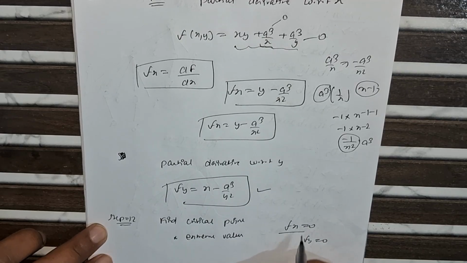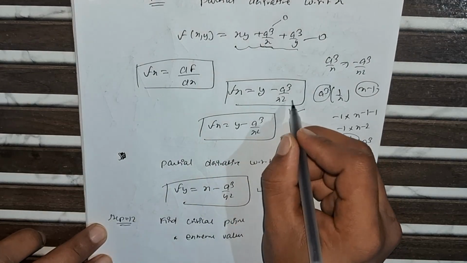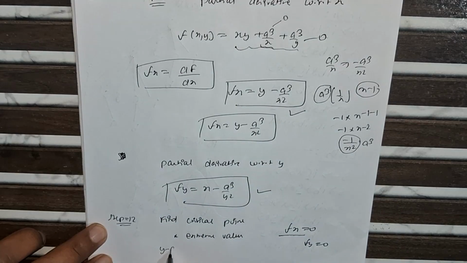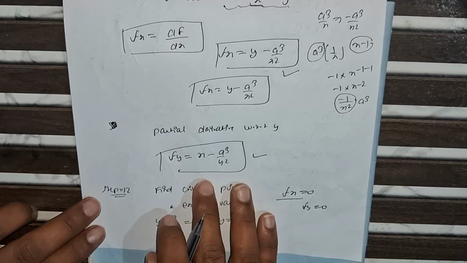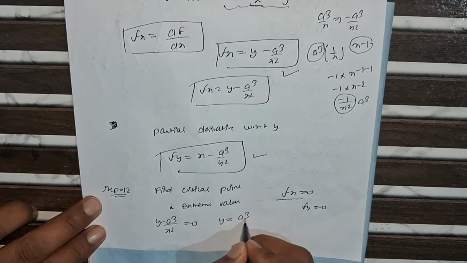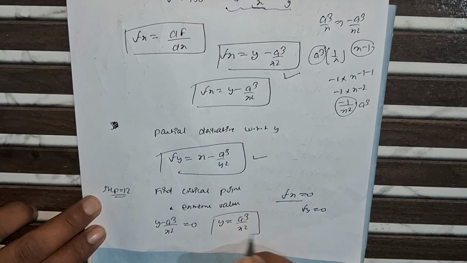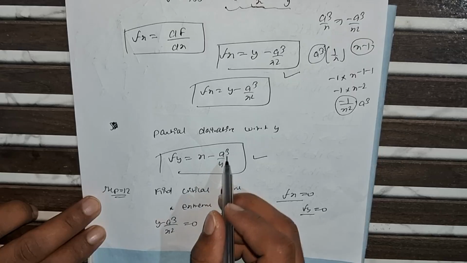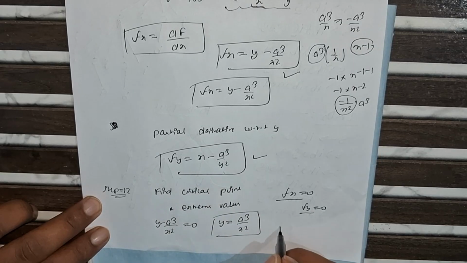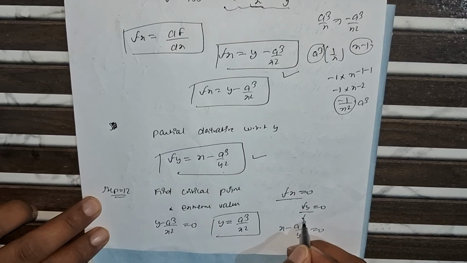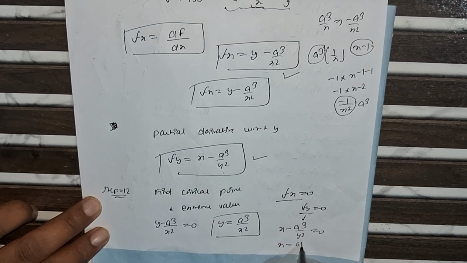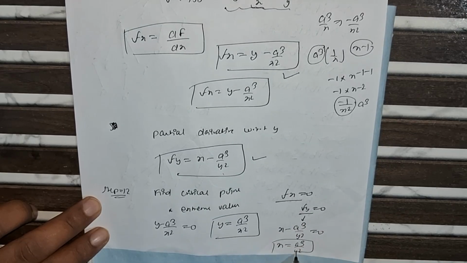So what is fx, which we already got, which is y minus a³/x² equals to 0. So y equals to a³/x². Like that fy is x minus a³/y². So x minus a³/y² equals to 0 for fy. Then it becomes x equals to a³/y².